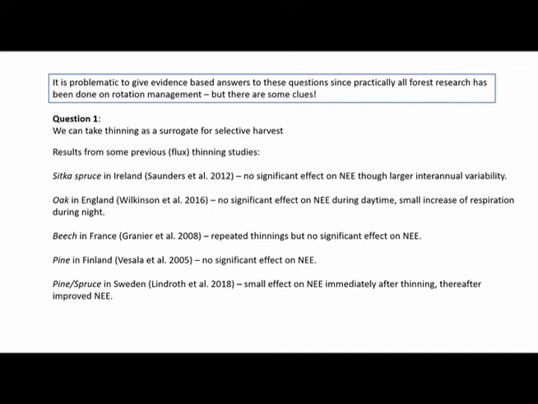And all come to the same conclusion, that we have very small or no significant effects on the net carbon balance for a modest, or a typical, I should say, typical thinning, taking about 25% of the volume or 25% of the leaf area. So that is pointing in a positive direction, that there is none or very minor effect of thinning on net ecosystem exchange in a type of selective cutting forest.